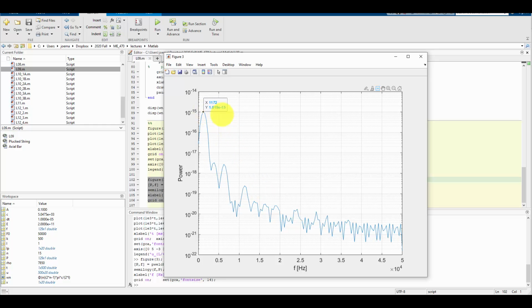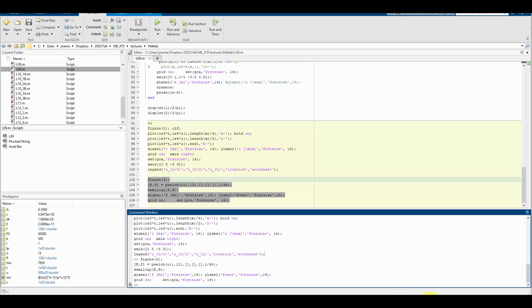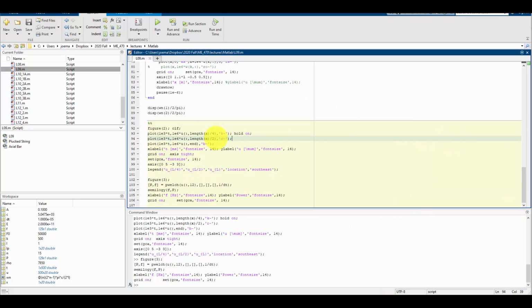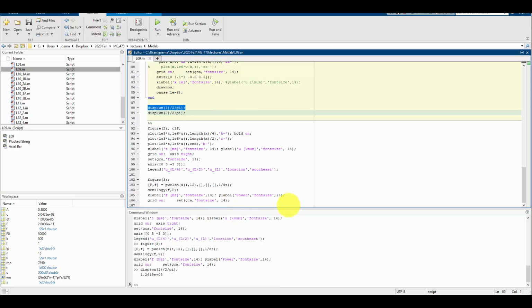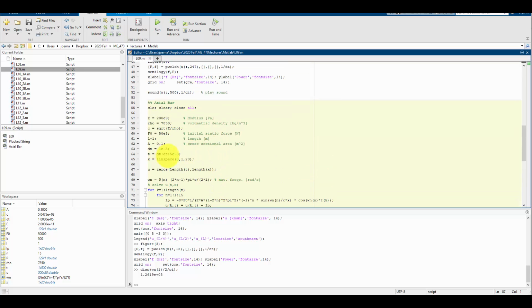So we probably could sample longer and get some better results here, but we see we have a peak at about 1172, and this is in Hertz, so if we compare that to that first natural frequency, it is close. We probably don't have enough quality here. Let me increase how long we're sampling for so that this comes out maybe a little bit better.